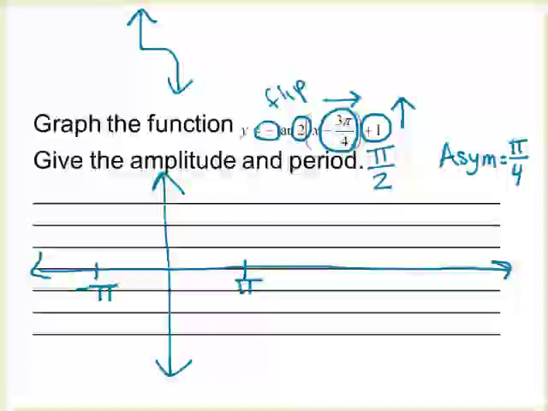So I need to take that pi and cut it into 4 pieces. And I need to move over 3 of those pieces to the right. And that creates my new starting line. I also need to move up 1 line, and that creates my new middle line.